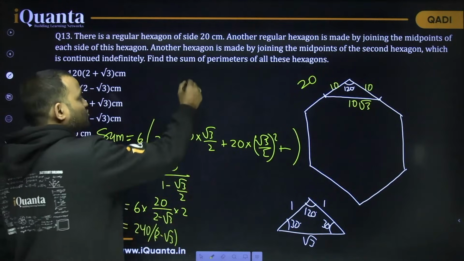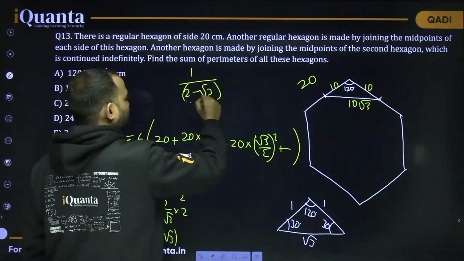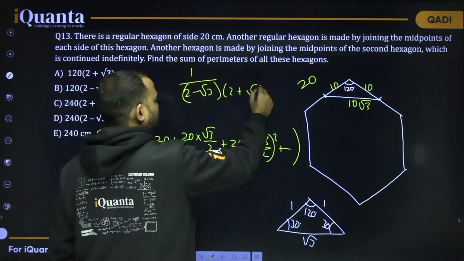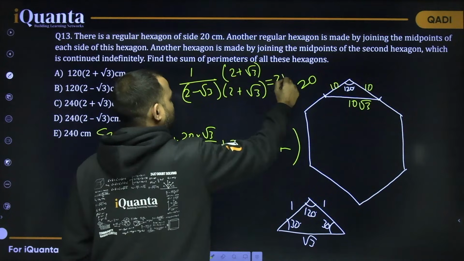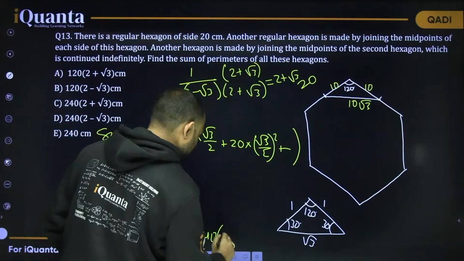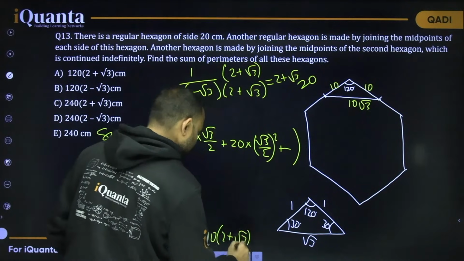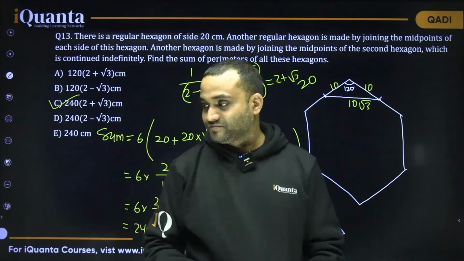Now 1 by 2 minus root 3, if you rationalize this, you can rationalize this by multiplying by 2 plus root 3. This will become 2 plus root 3. So this is basically nothing but 240 times 2 plus root 3 after rationalization. So the answer is option C.